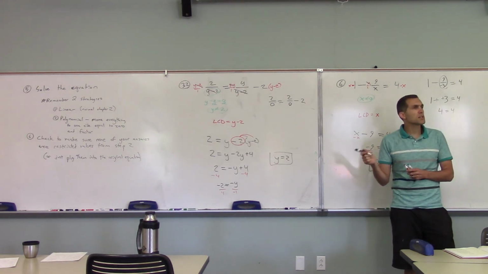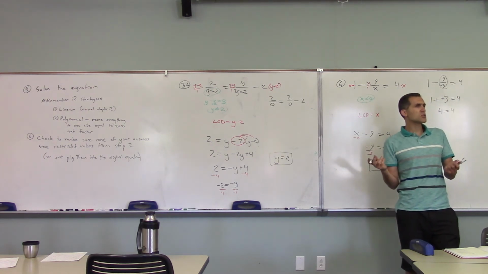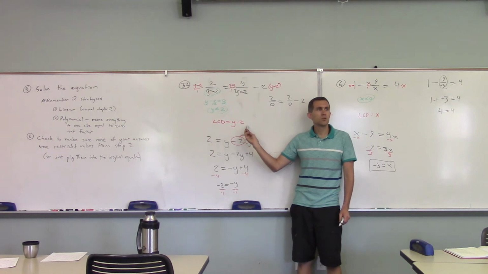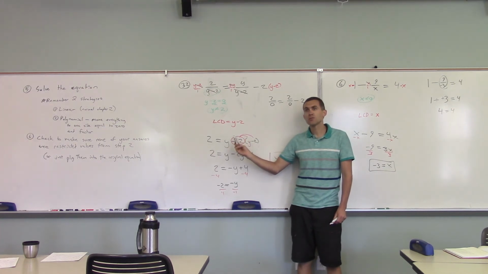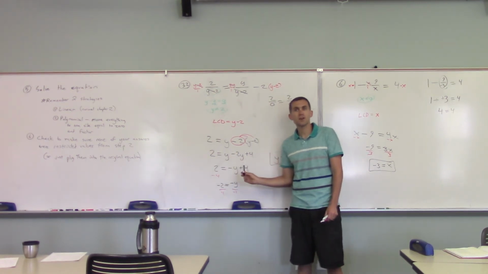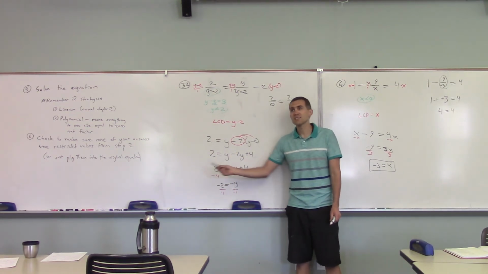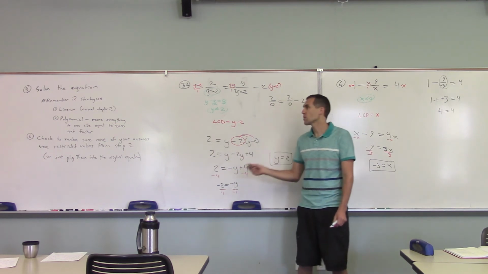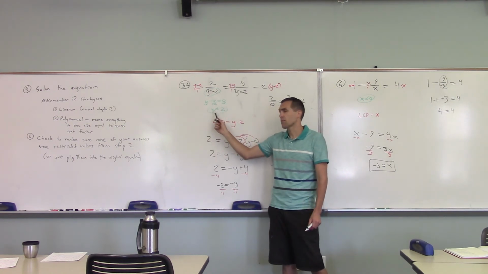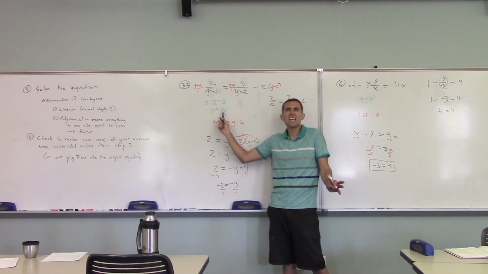The reason you got it as a solution, yet it isn't a solution, is to think about what you did in your very first step. You multiplied by y minus 2. If y is 2, what did you multiply both sides by? 0. And so no matter what the equation was, if you multiply both sides by 0, now it's 0 equals 0, and it would be a solution to that. So that was why this became nonsensical. This won't happen often, maybe 1 out of 10 or 1 out of 15 times.